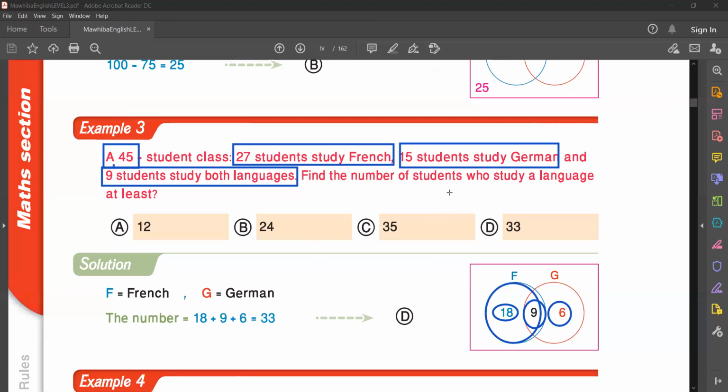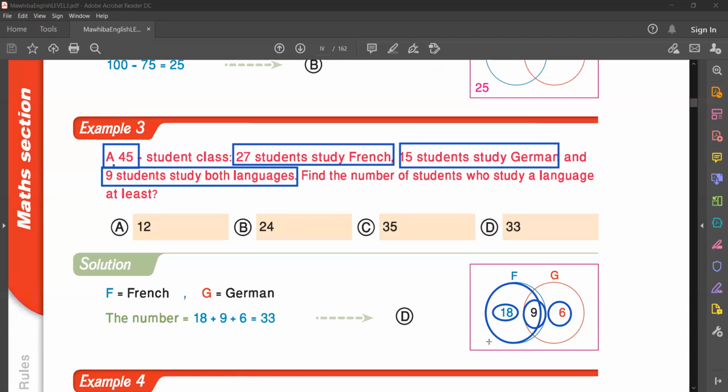So find the number of students who study at least one language. You add 18 students who learn French only, 9 students who learn two languages, and 6 students who learn only German.